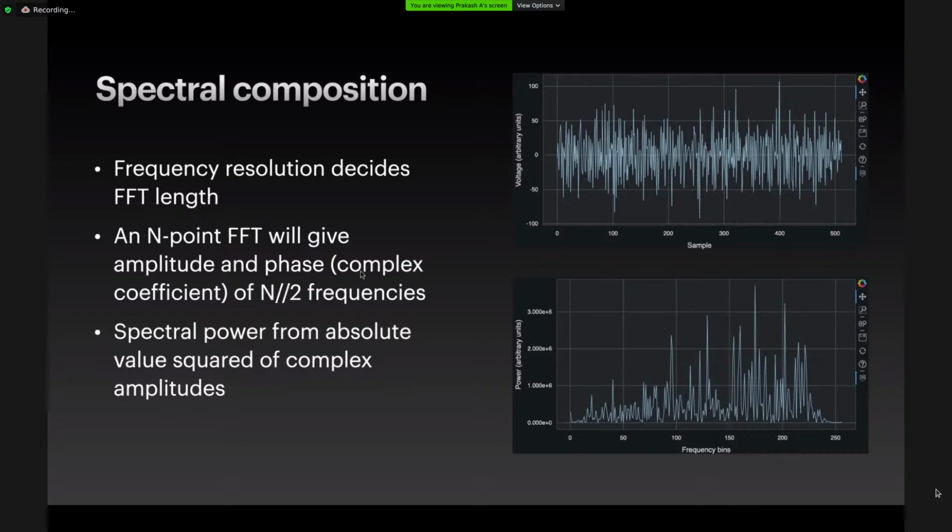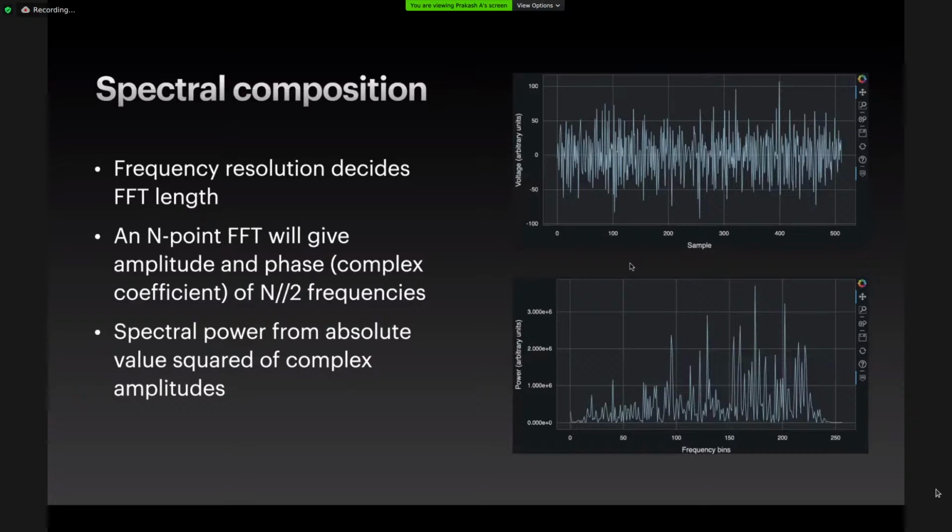And as described earlier, a Fourier transform, in this case a discrete Fourier transform, will give you the n/2 frequencies that contribute towards this time variation, and it will give you the amplitude. Initially, when you take the FFT, it will give you the complex amplitude of what frequencies contribute how much.